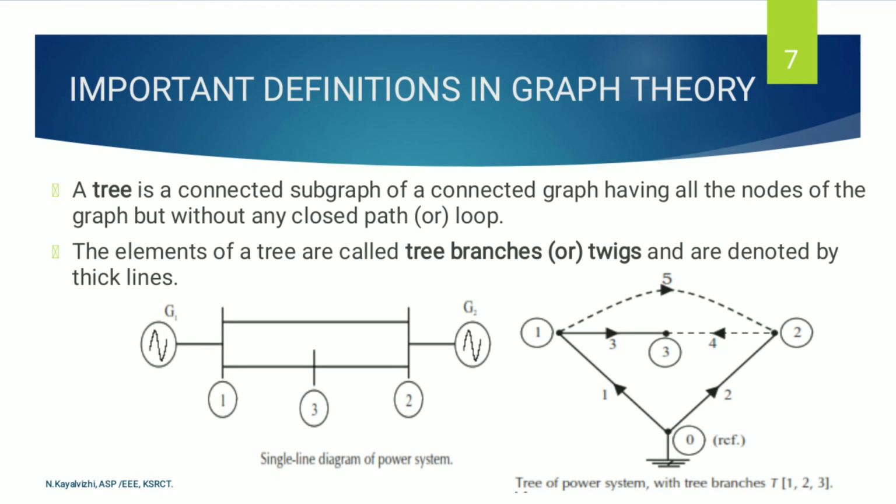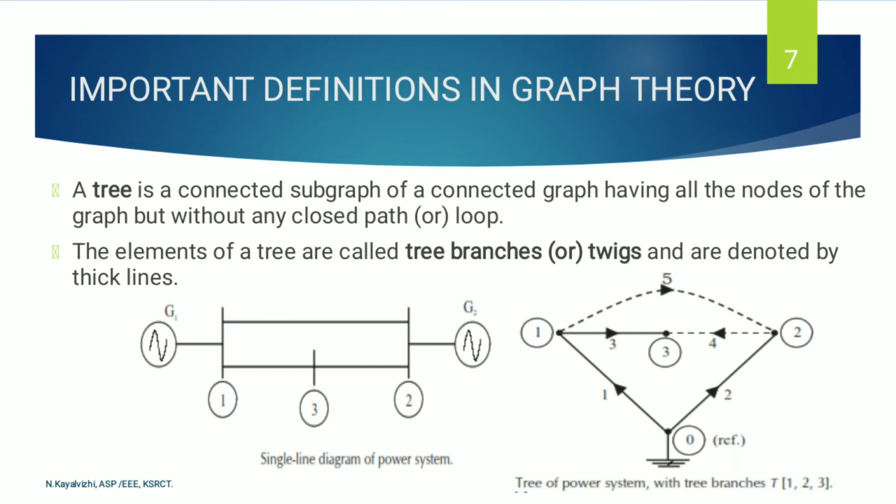The branches of the tree are called twigs, and the branches not in the tree are called links. Here the twigs are connected by dark lines, and the links are shown as dotted lines.